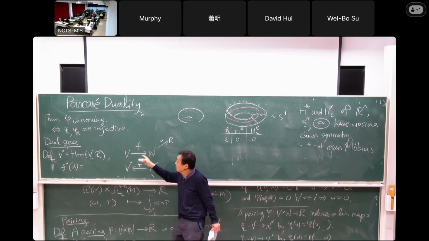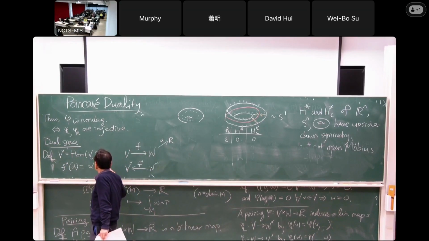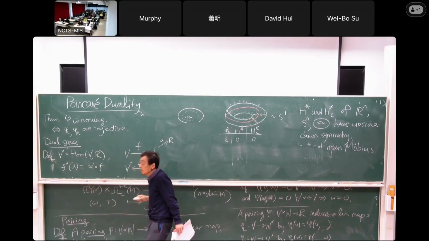It's just composition: alpha composed with F. So that's the dual map.